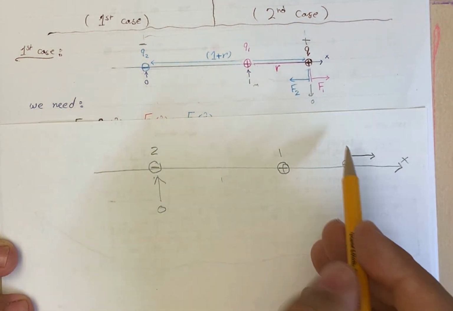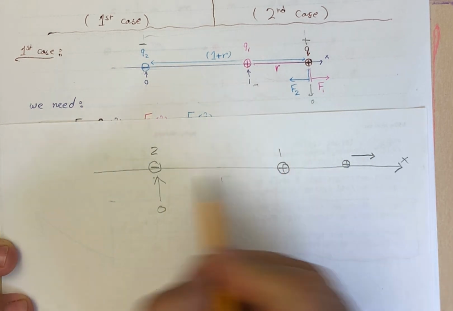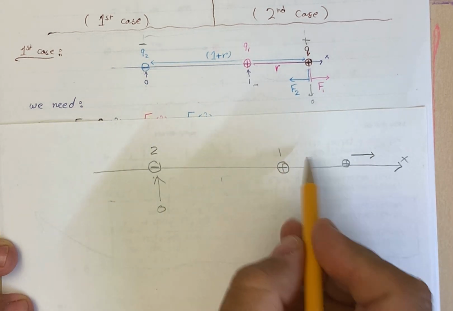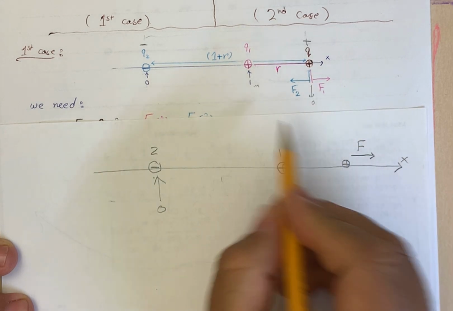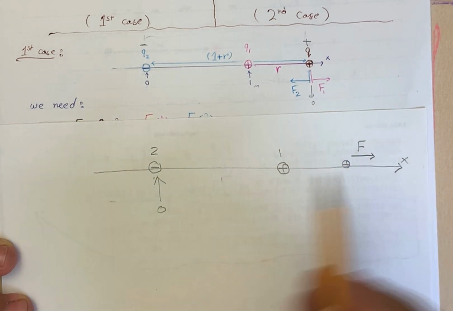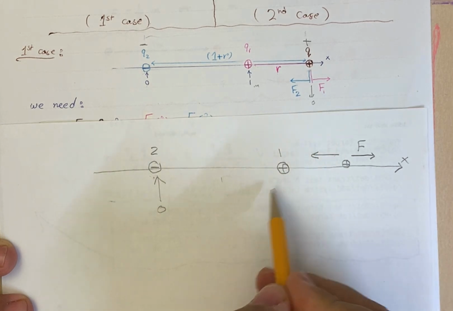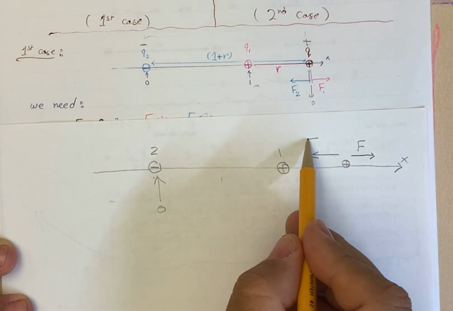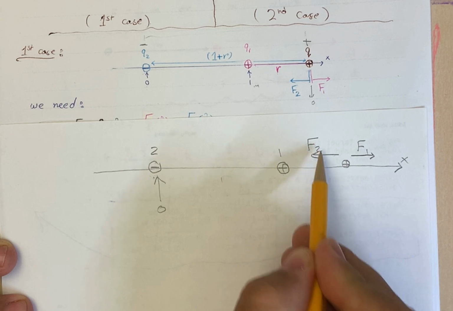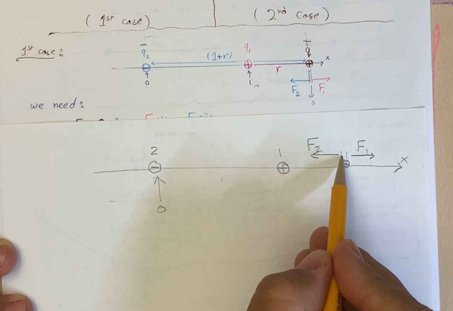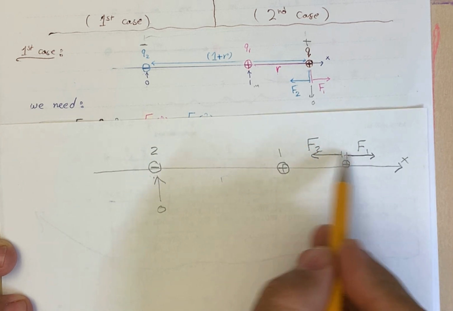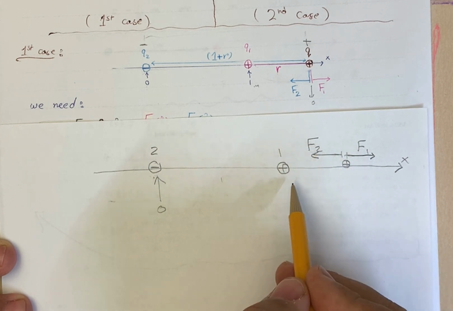Now, if I put it to the right of both charges, I have a repulsive force from the first charge to the right. I have another, attractive force from the second charge. So we have two forces, F1 and F2, and the resultant force is the subtraction between them.